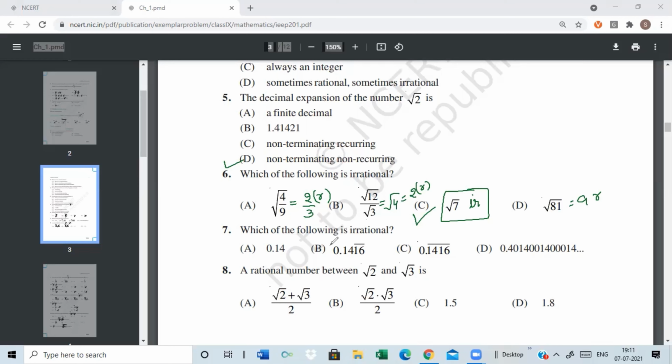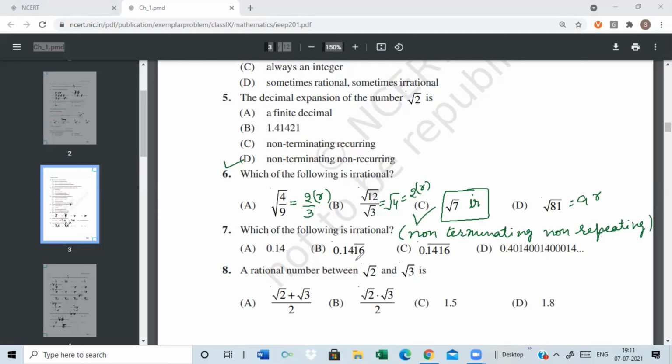Now, which of the following is irrational? As I've told you, irrational numbers are non-terminating, non-repeating, right? So we'll see which of these is non-terminating and non-repeating. The first one is terminating.